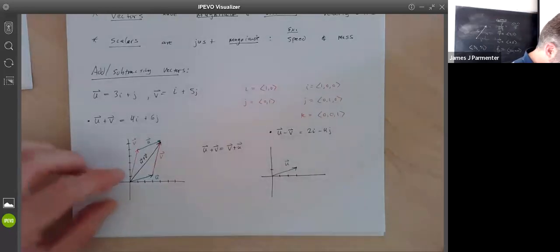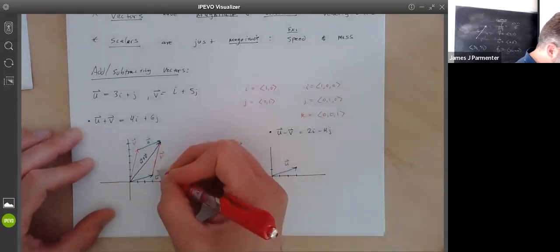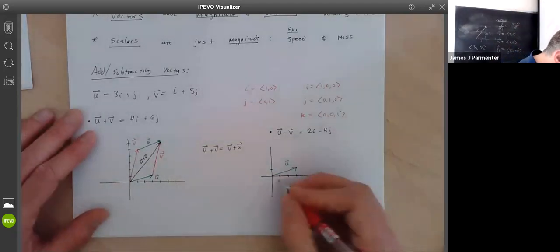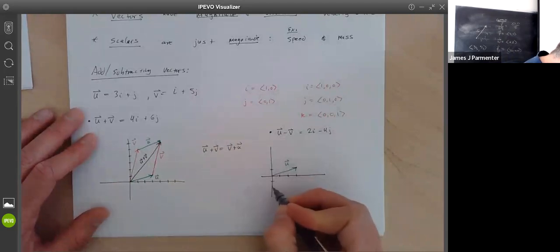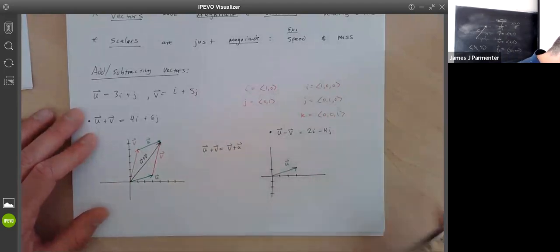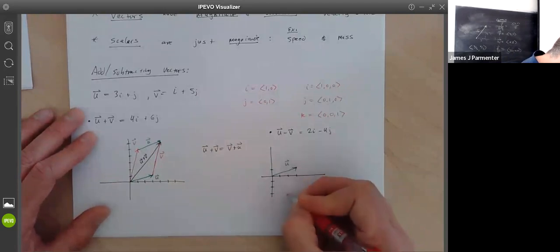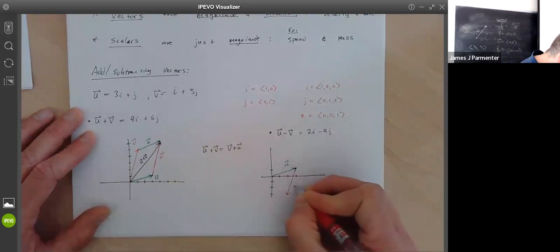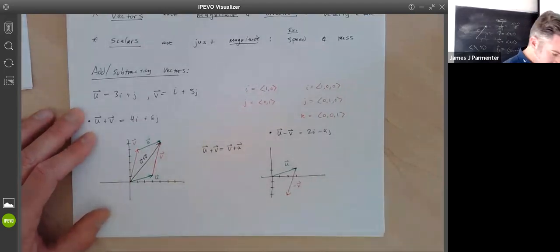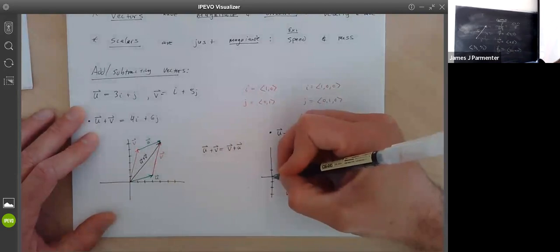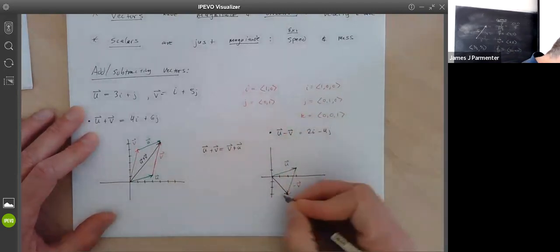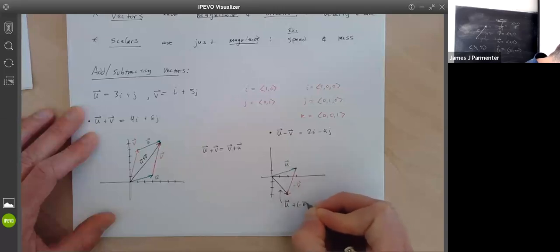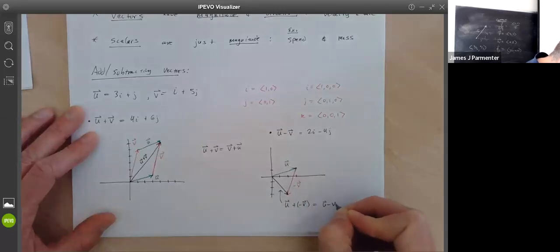So instead of going over 1 and up 4, I'm going to go back 1 and down 4. There's my negative v. So this vector here is u plus negative v, which is u minus v.